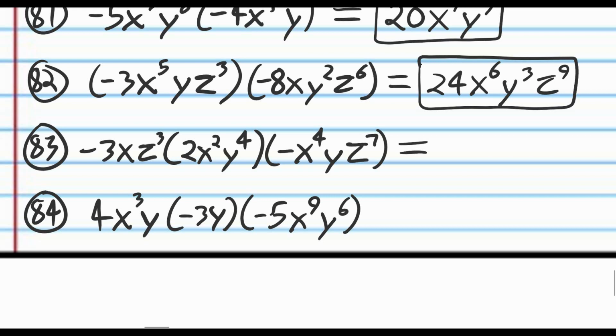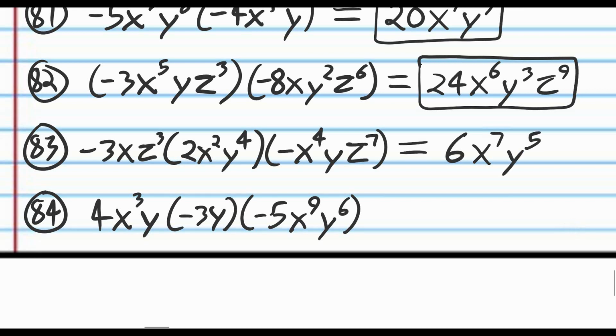All right, we're back. Negative 3 times 2 is negative 6. Negative 6 times negative 1 is positive 6. Because again, this is considered negative 1. And we have x to the 7th. And y to the 5th.